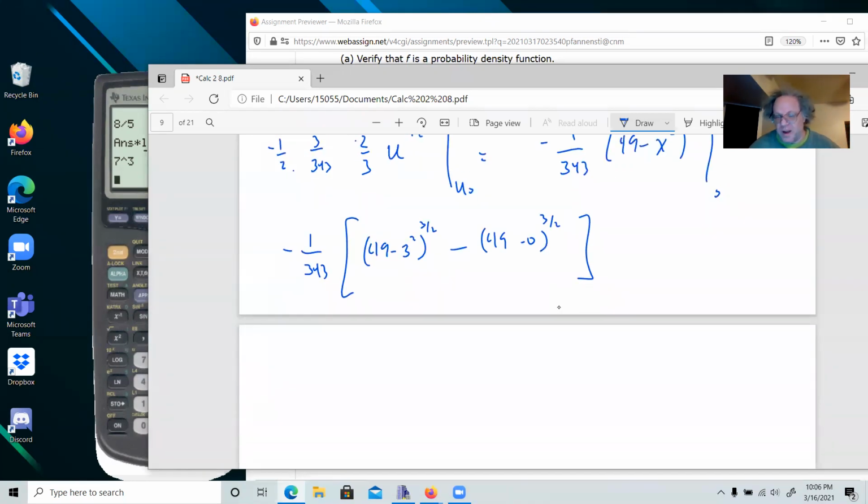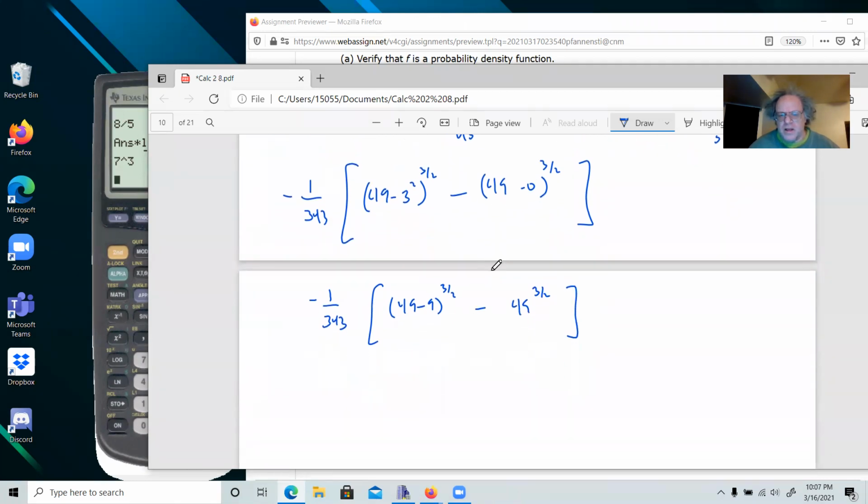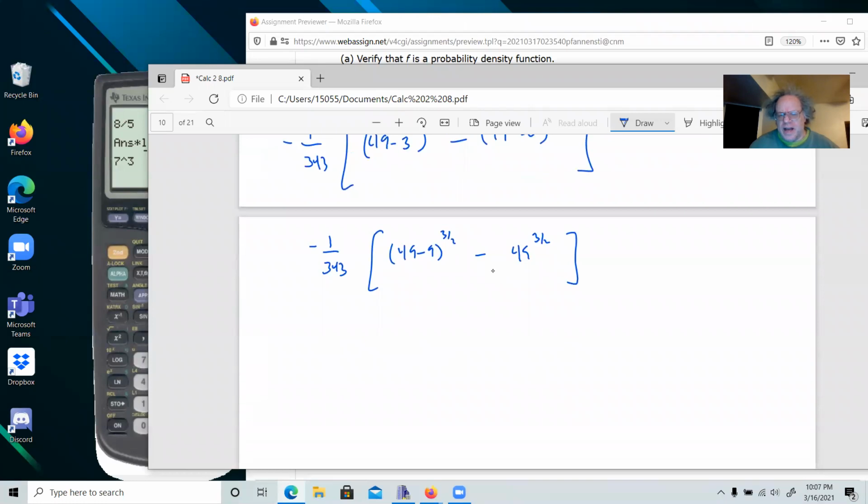Now you'll see why we swap things around: it makes things a little bit easier. That's 49 minus 9 raised to the 3/2 minus 49 raised to the 3/2 power. 49 minus 9 is just 40 raised to the 3/2 minus, this was 343, wasn't it? Negative 1 over 343.